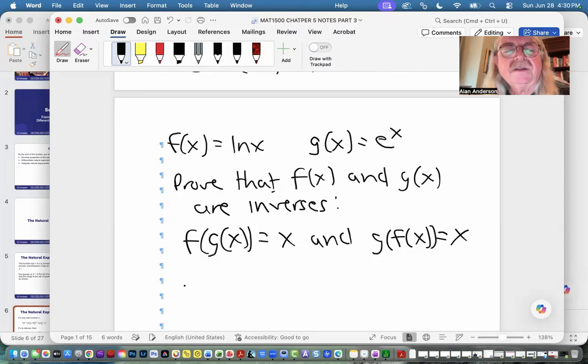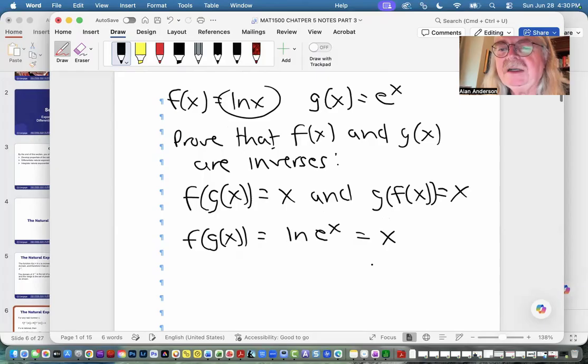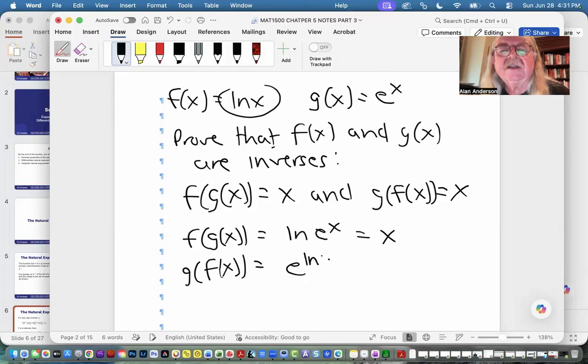All right, let's do this. So in this case, f of g of x would mean log of e to the x, and that's true. You can take out your calculator if you want and just put any number in for x, and you'll see that this works. And then g of f of x is e to the log of x. And again, this brings us back to x. So this is proof that the two are inverses of each other.